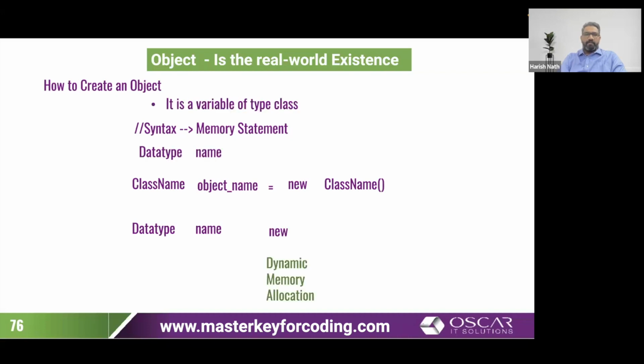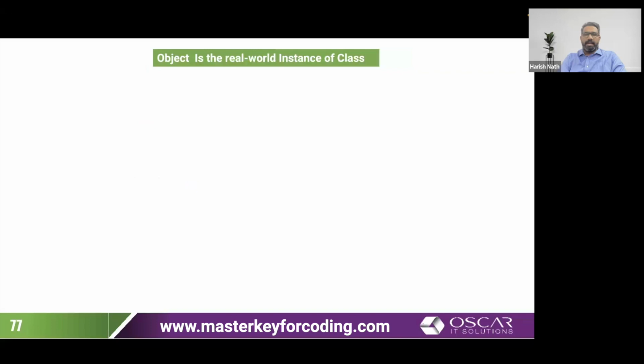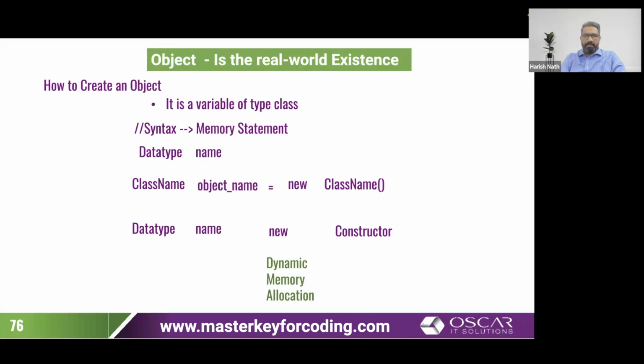So we have two models in creating objects. One is static memory and the other is dynamic memory. Data type, name is the static memory way of creating an object. When you have class name, object name, loaded with new class name, that's a constructor, then this is the dynamic memory allocation way of creating objects.